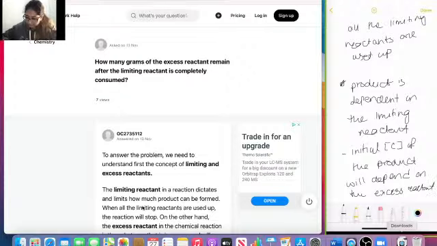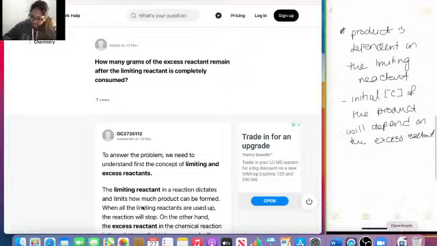Okay, so basically, the limiting reactant is used to determine how much product can be formed, and then the initial concentration will depend on the excess reactant and the amount that was consumed.